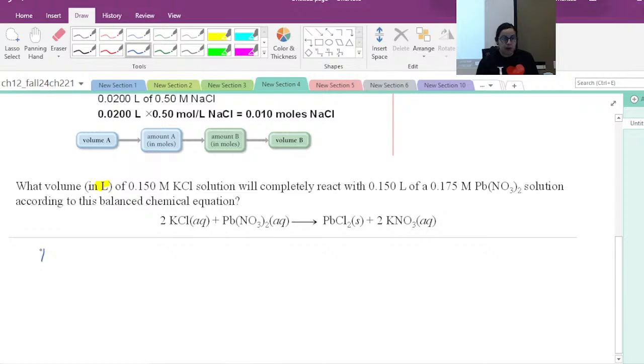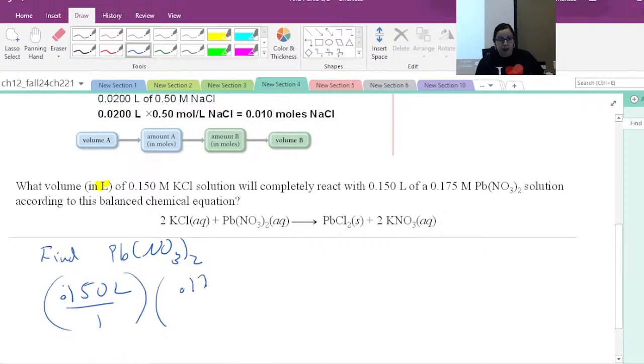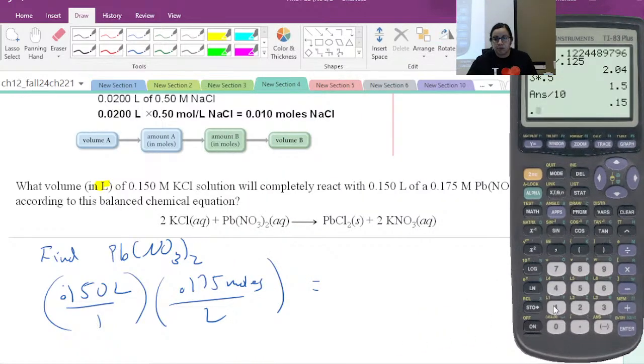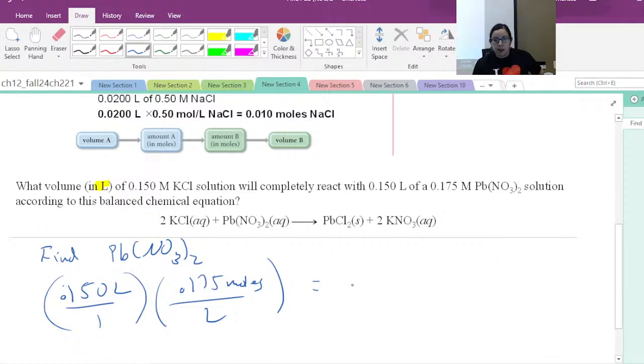Yes, we want to find moles of lead nitrate. We have 0.15 liters, and we're given the molarity, which we can rewrite as moles over liters. Then we multiply. So do we get 0.02625 moles of lead nitrate? And now, what do we do with this number?